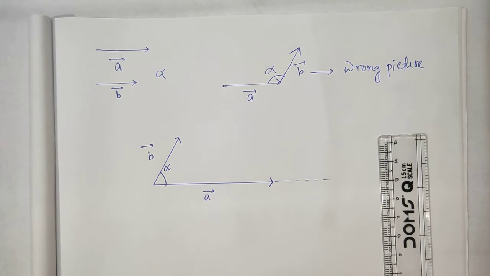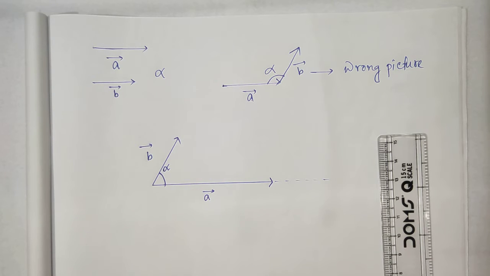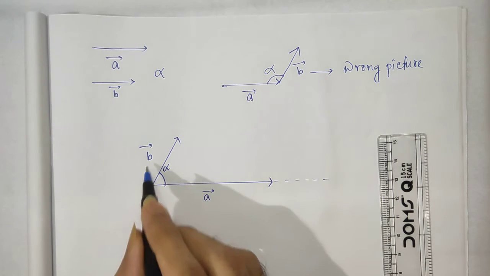This is the correct drawing. Now we have to calculate the sum of these two vectors A and B.